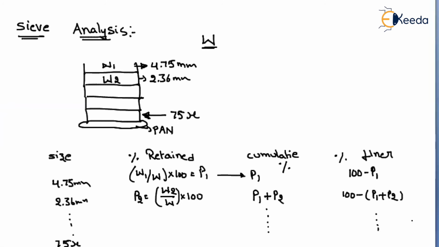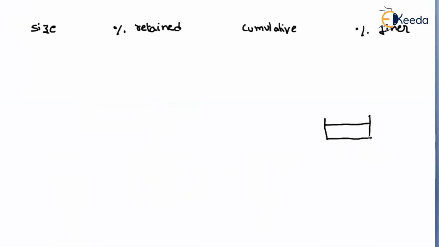So let us see this in terms of values. Suppose we are talking about the size and the percentage retained; I am rewriting the table again. Here I have the cumulative, and here the percentage final. Let us assume I am considering only two sieves, just for understanding purposes. Let us assume this is the 4.75 mm sieve, and here it is the 75 micron sieve.